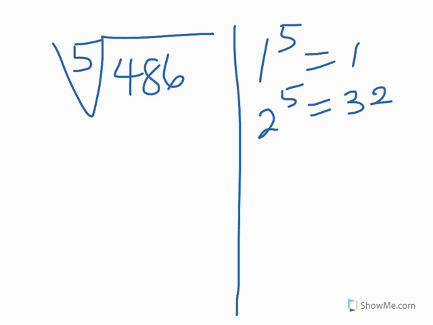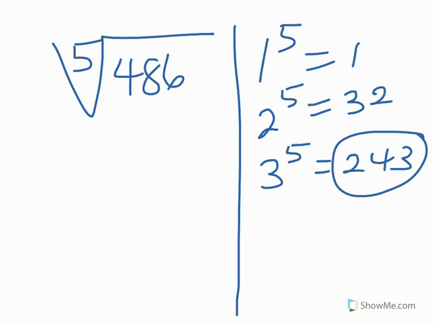No, it's not going to work. It's going to be a decimal. 3 to the fifth will be 243. Wow. Yeah, so this is going to work. It's 243 and 2.